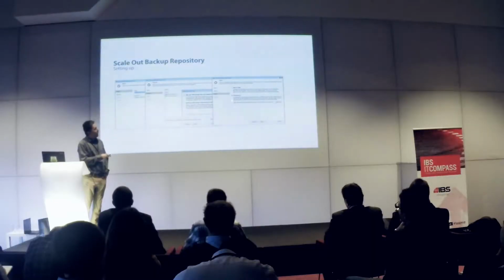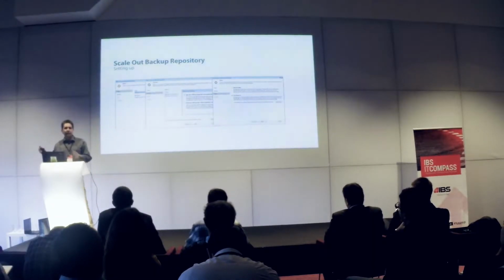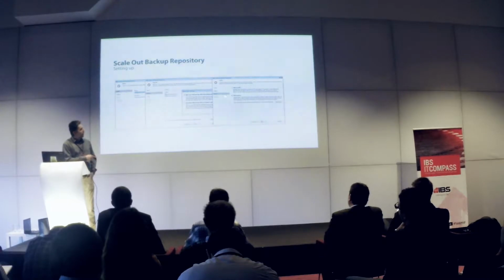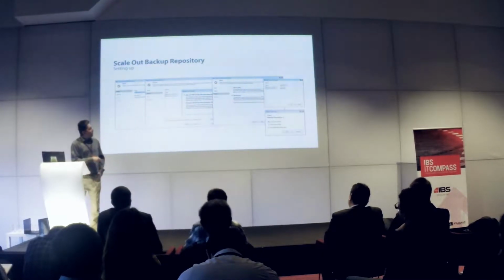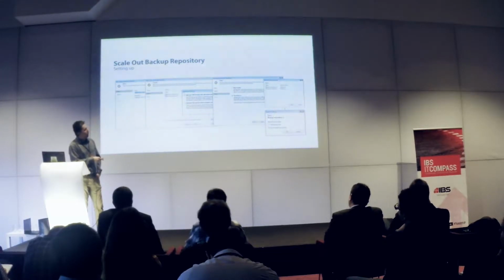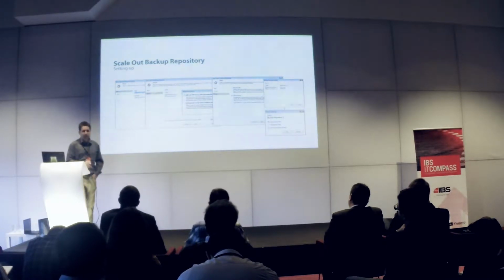And this is the setting for the policy for how we want data to be placed in the backend. So data locality or performance. And if you choose performance, then you have all these extents that are part of the scale-out backup repository. And you can set, for example, for one of them, click edit and say, I want on this extent only incremental backup files.